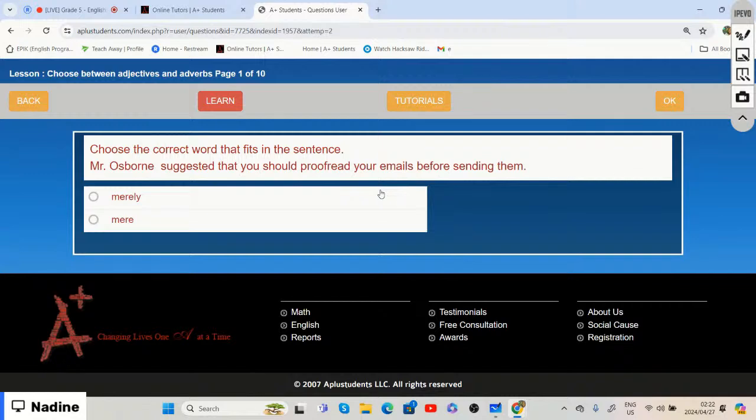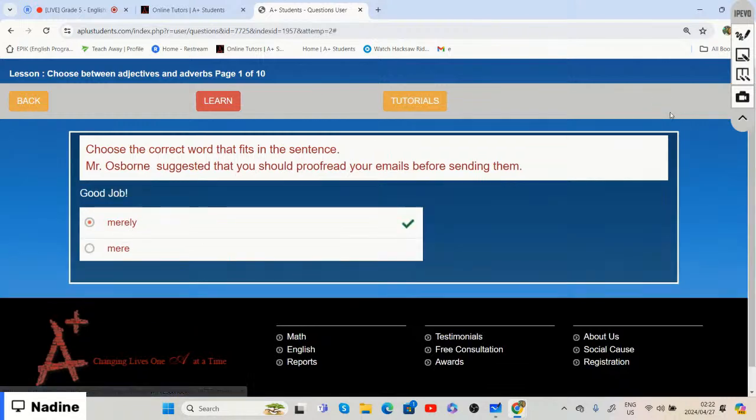All right, so if we were to choose the correct one, we can say Mr. Osborne merely suggested that you should proofread your emails before sending them. So merely suggested.